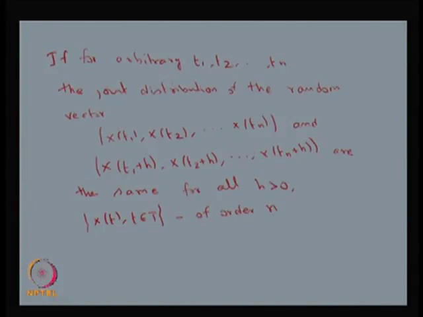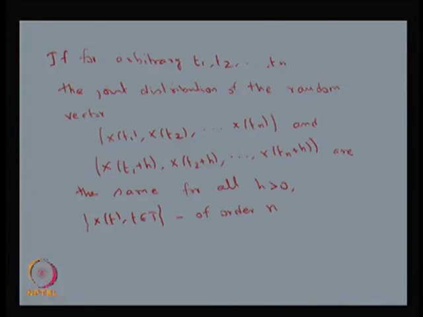So, we take n random variables at the points T1, T2 and Tn, and find the joint distribution of x of T1, x of T2 and x of Tn. Also, you find the joint distribution of n random variables shifted by h. That means earlier the random variable was x of T1, now you have x of T1 plus h.